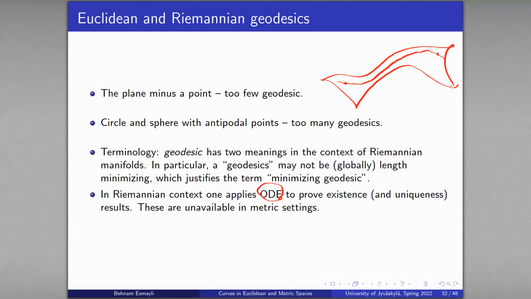And if a curve is going to be a shortest curve, even locally, then it has to satisfy them. So we call a curve geodesic if it satisfies this set of ODEs. But the point is that it could happen that some curves satisfy these ODEs. They are geodesics in that sense, but actually they are not the shortest curves globally.